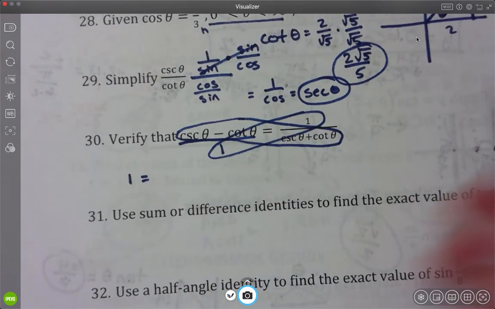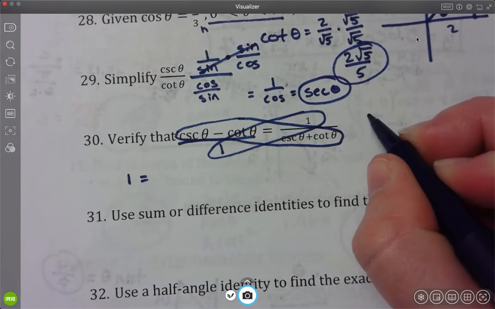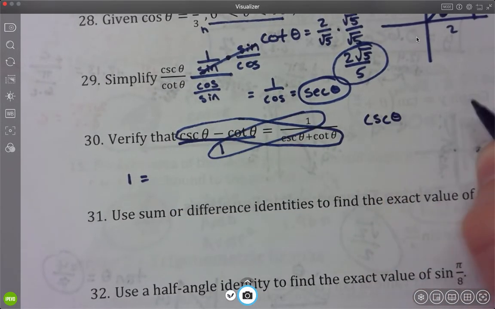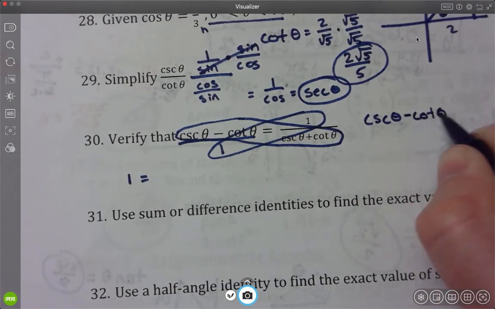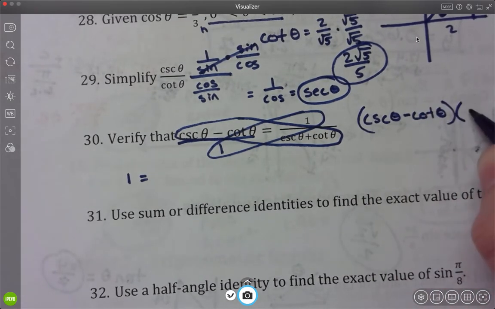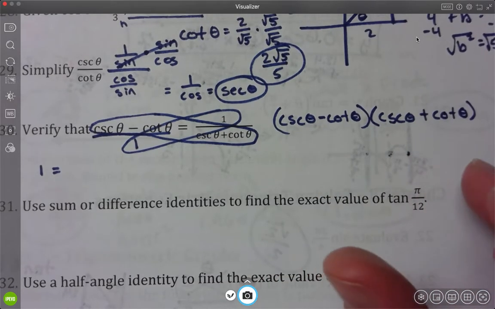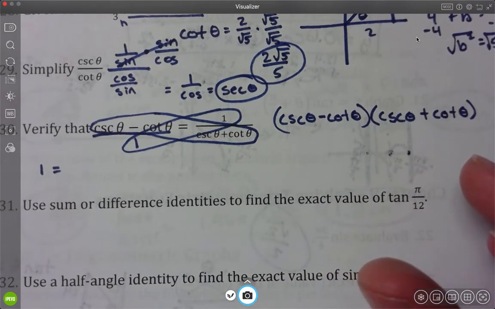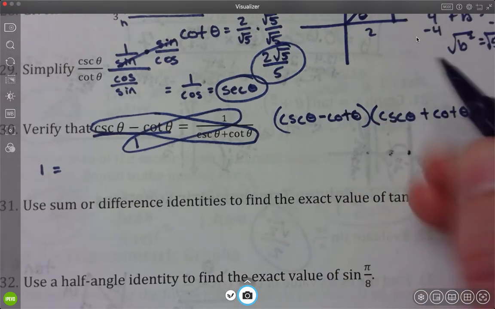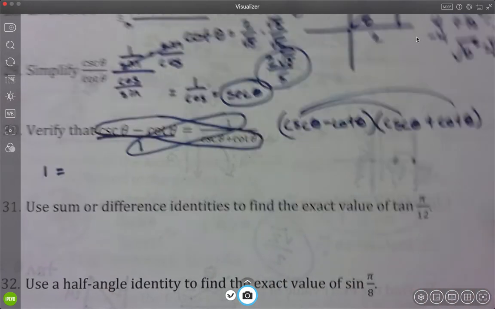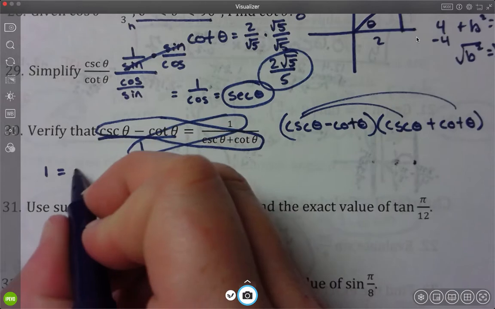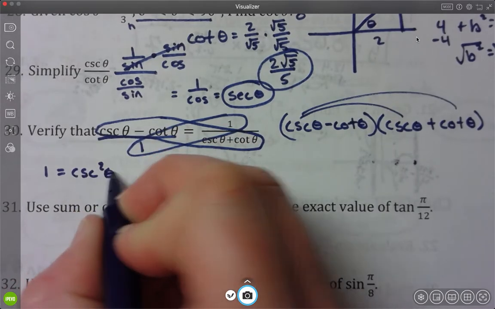Now what I want to do is cosecant theta minus cotangent theta times cosecant theta plus cotangent theta. One of those is plus and one of those is minus. This is like the reverse difference of squares. So if we multiply these through, cosecant times cosecant is cosecant squared theta.